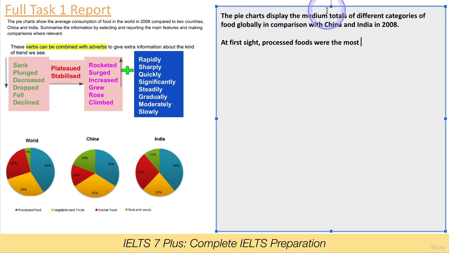The pie charts display the median total of different categories. Oh, we did, of food globally. Okay, I think that's good.